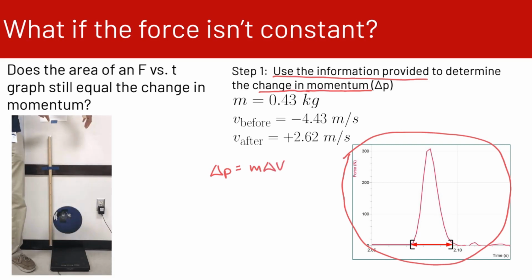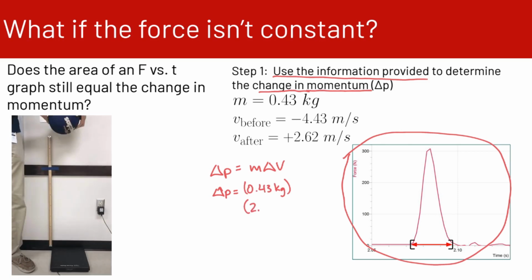All right, so our mass, so delta P then, is equal to 0.43 kilograms times our delta V, which is the final velocity, so that's 2.62 meters per second minus 4.43 meters per second.